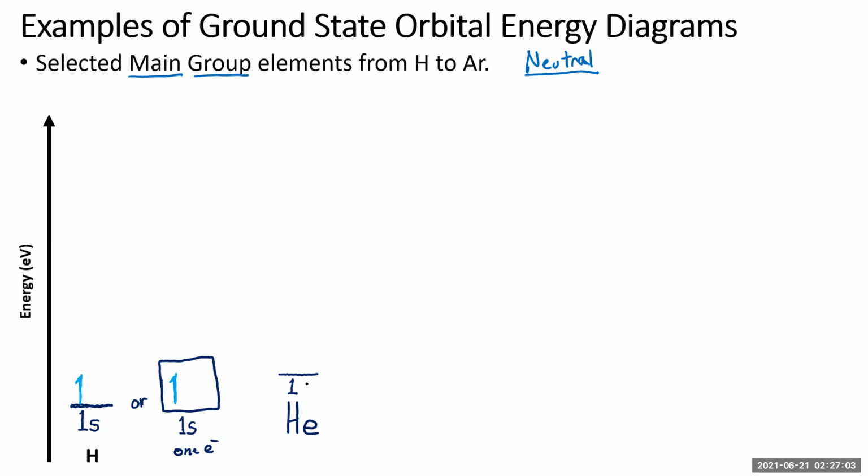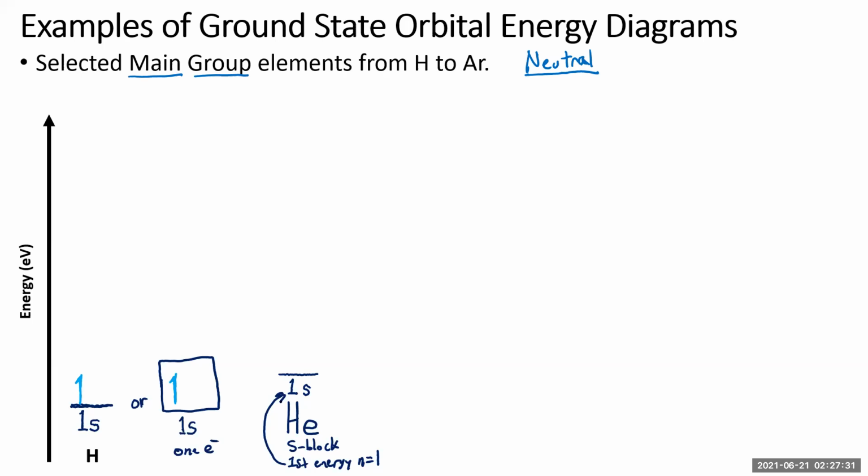Helium has only 1 orbital, and it happens to be an s-type orbital, and helium is an s block element. Therefore, the energy level is first, N equals 1. That's why we're writing a 1 here. The 1 has nothing to do with the number of orbitals. It has everything to do with the energy level.